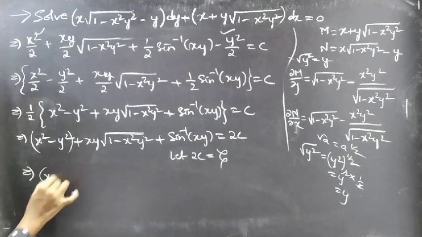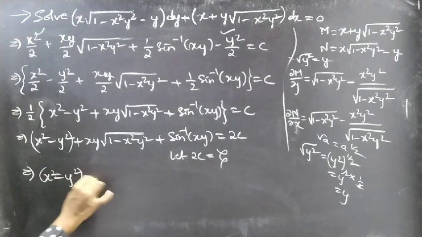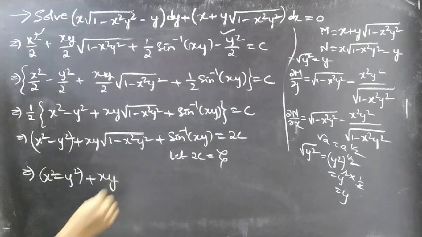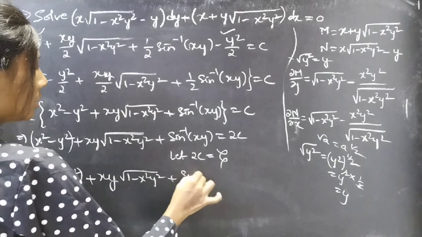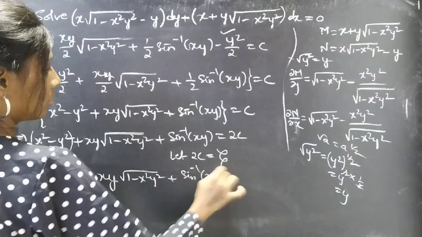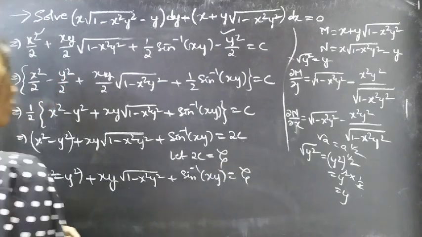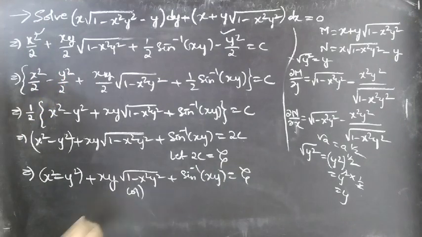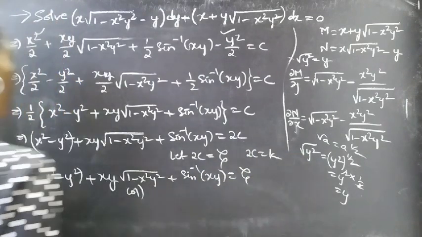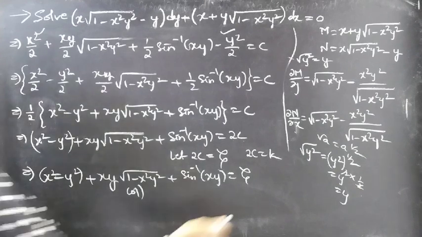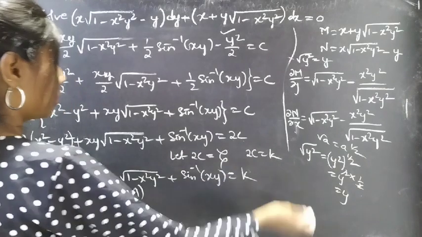Then we'll get x² − y² + xy into √(1 − x²y²) + sin⁻¹(xy) equal to some c, or if you want to write it as some k, you'll get k.